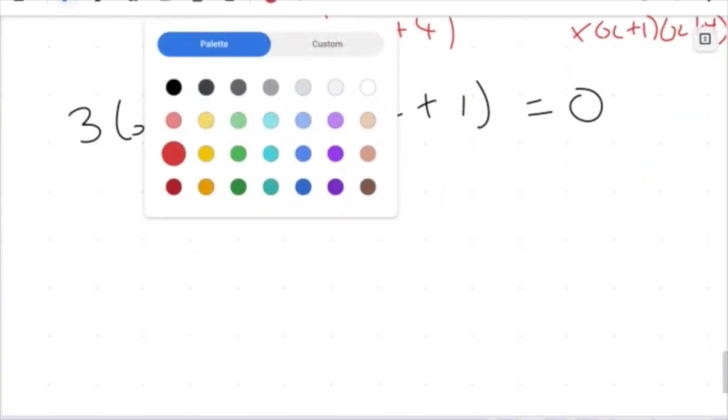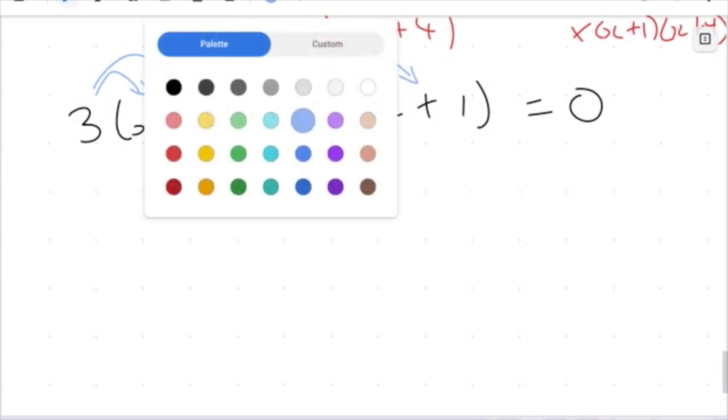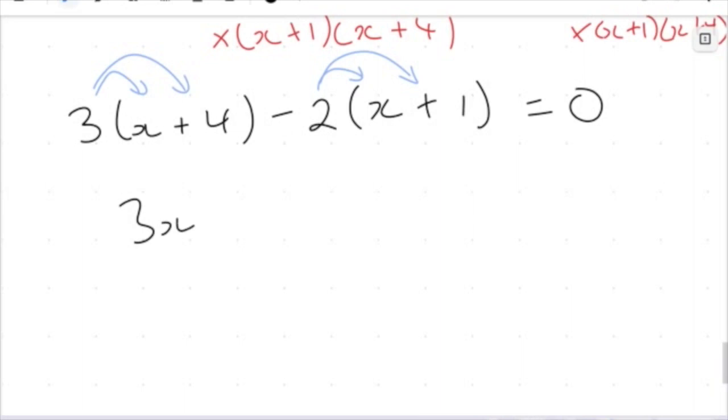And then I can just expand the brackets. So 3 times x gives me 3x. 3 times 4 gives me positive 12. Negative 2 times x gives me negative 2x. And negative 2 times 1 gives me negative 2.